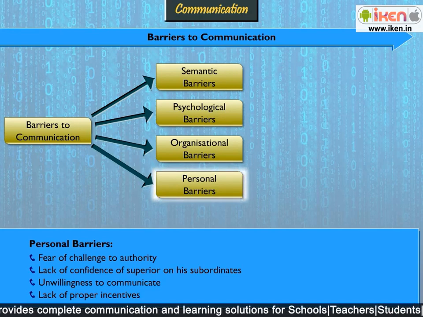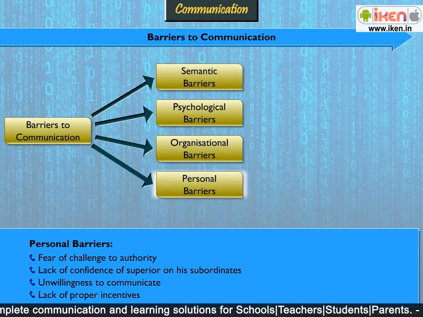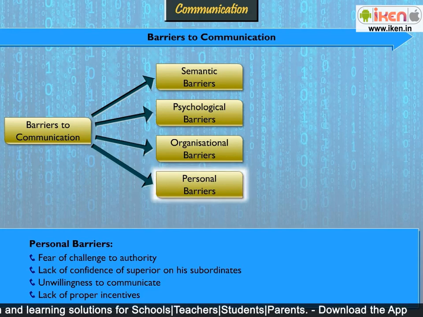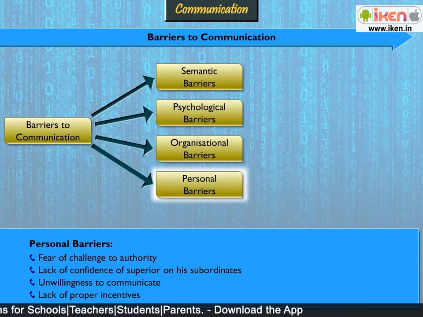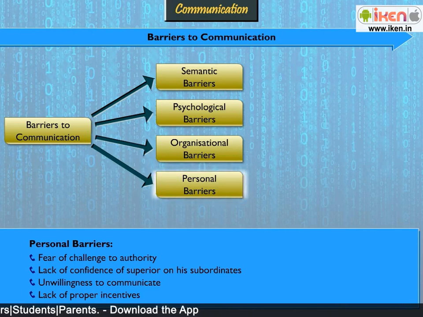If a superior does not have confidence on the competency of their subordinates. 3. If subordinates are not prepared to communicate with their superiors as it may adversely affect their interests. And finally, 4. If there is no motivation or incentive for communication, subordinates may not take initiative to communicate.